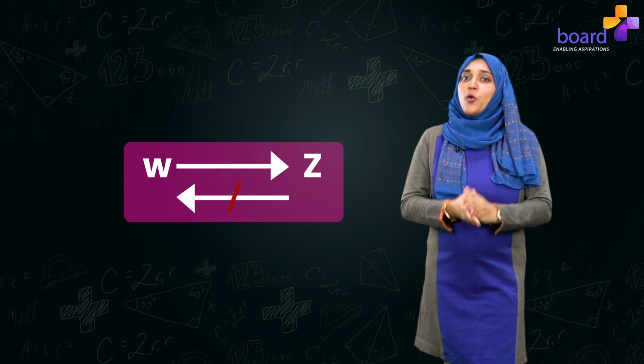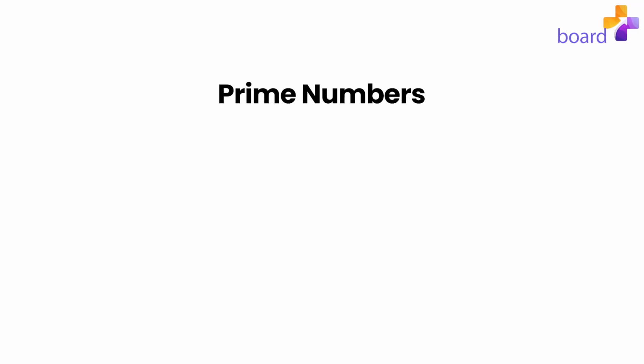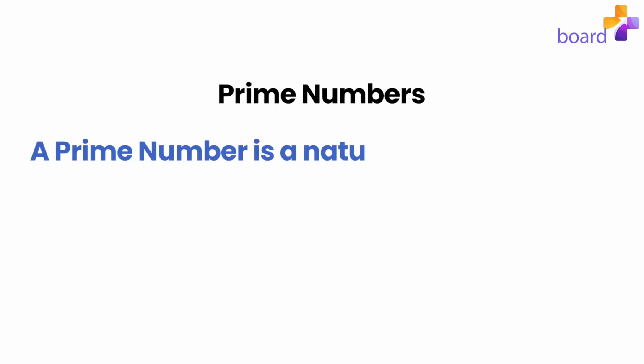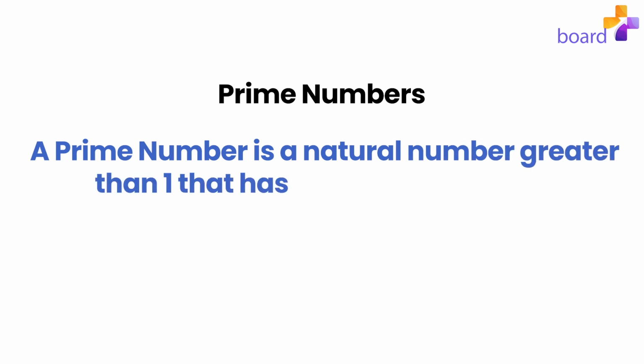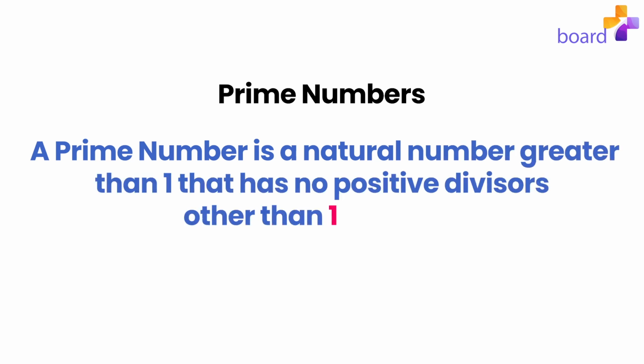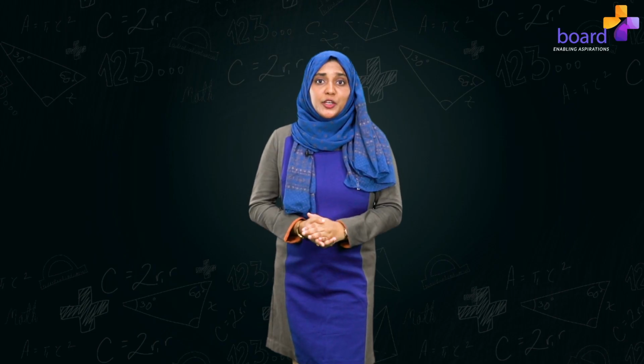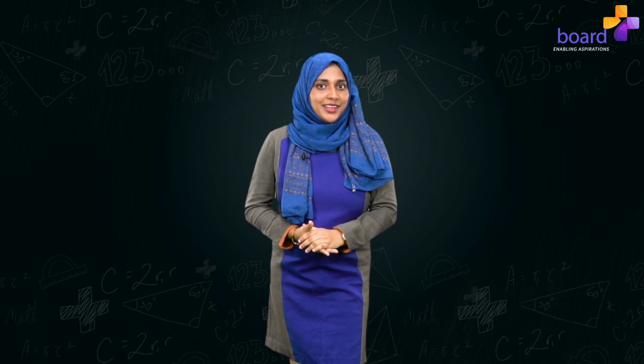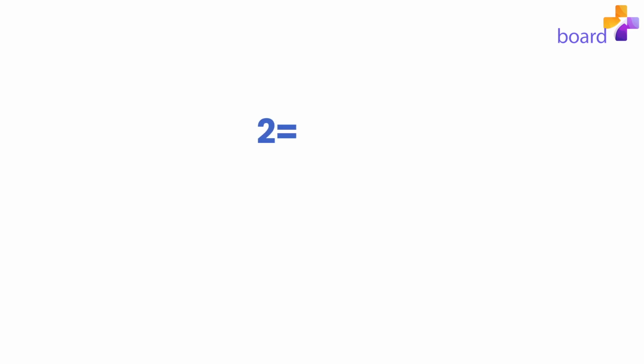Now let's see what prime numbers are. A prime number is a natural number greater than 1 that has no positive divisors other than 1 and itself. Now I'll explain with an example. Let's take 2. The only positive divisors of 2 are 1 and 2 itself.